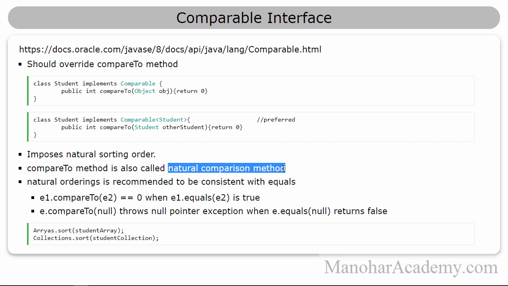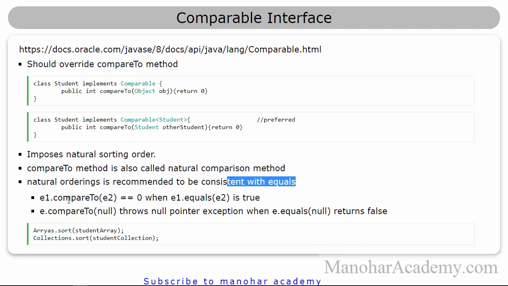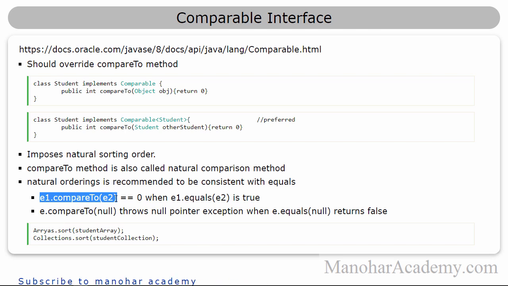One thing we did not see when we were coding is that the natural ordering, or whatever logic we are providing here, is recommended to be consistent with the equals method. What do we mean by that? Whenever we compare two objects using the compareTo method, we return 0 if they are equal.